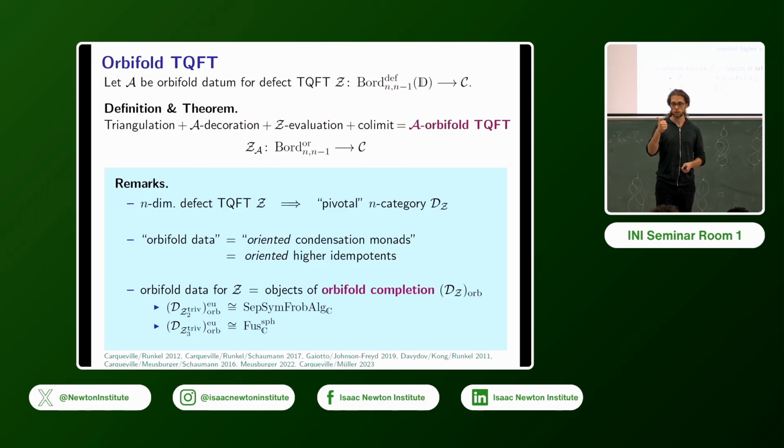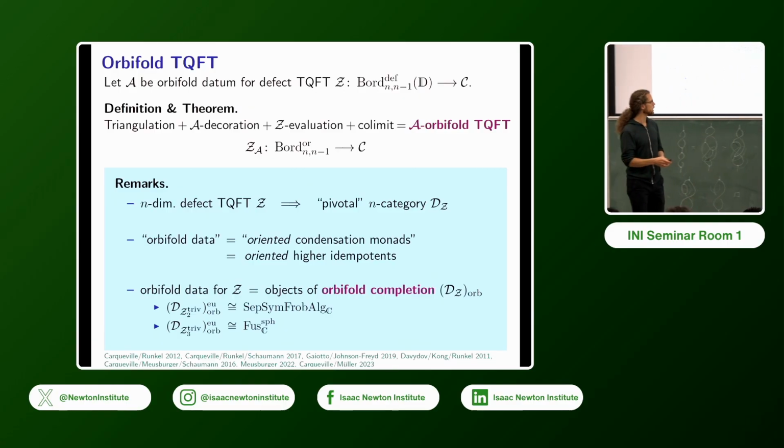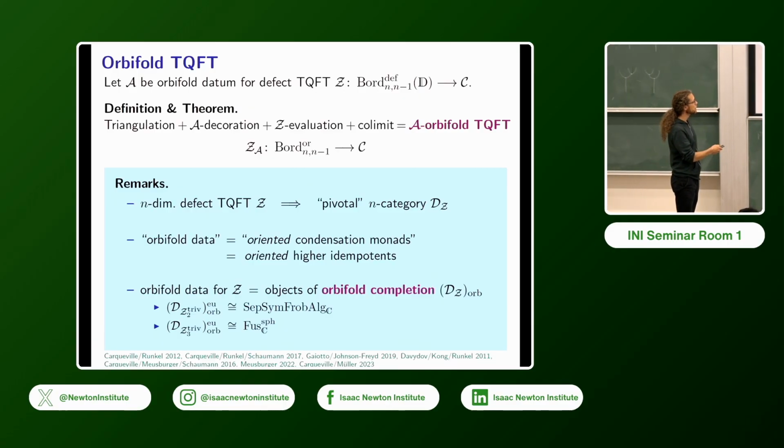These are the objects, all the codimension whatever topological defects. These are the 1-morphisms, 2-morphisms, up to n-morphisms, all the ways they can be fused. And that's it when it's just the category, but there's more structure.